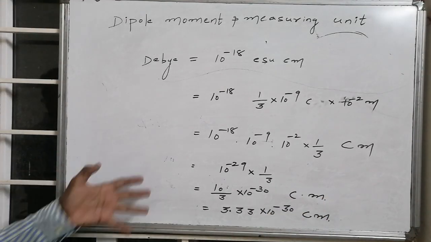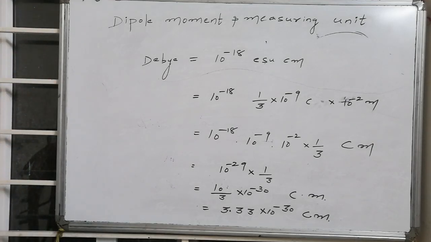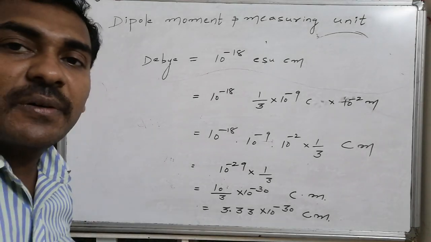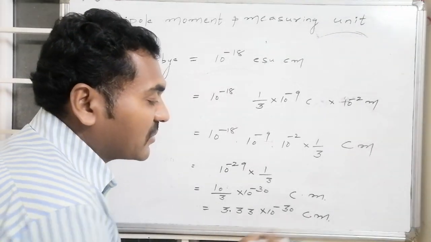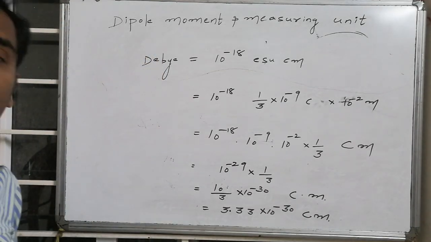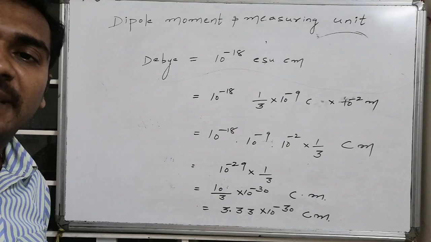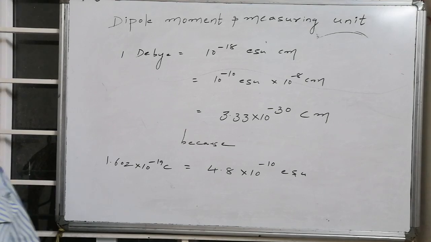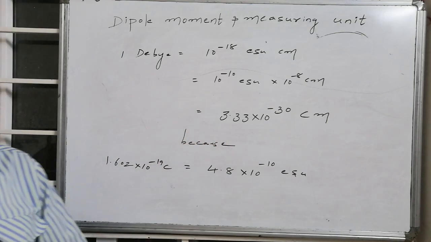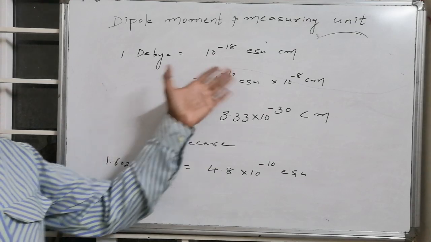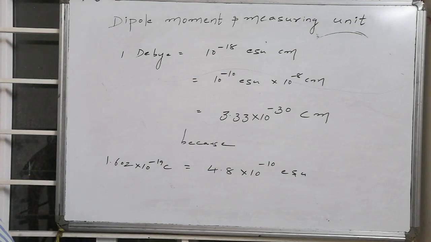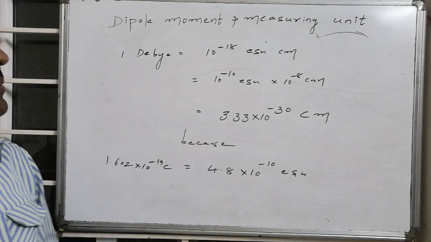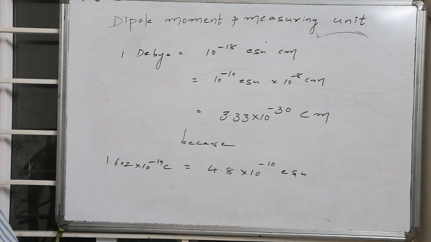That is 1 Debye, which is a very small unit. In regular SI units, its value is 3.33 into 10 power minus 30 coulomb meters. If I write all the unit interrelations at once, 1 Debye is a very small unit compared to the CGS system of unit, equal to 10 power minus 18 ESU centimeter, which in proper form is 10 power minus 10 ESU times 10 power minus 8 centimeters.